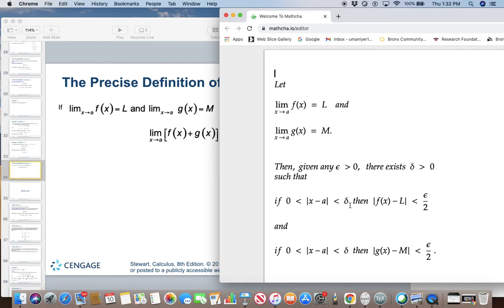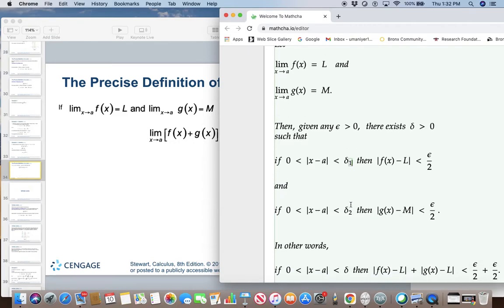Aha. You may ask, why the same delta? Well, in theory, I could have found one delta here and another delta there, right? But why not take the minimum of the two deltas? If I take the minimum of the two, then I am very much within the required distance. That's why I'm using the same delta.